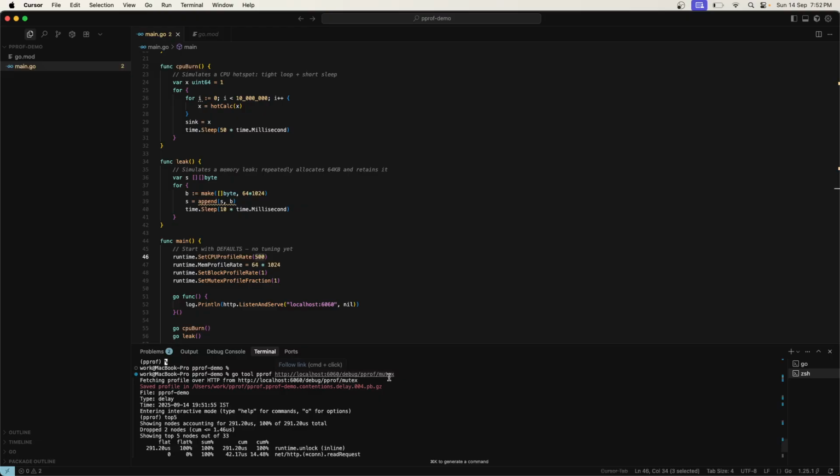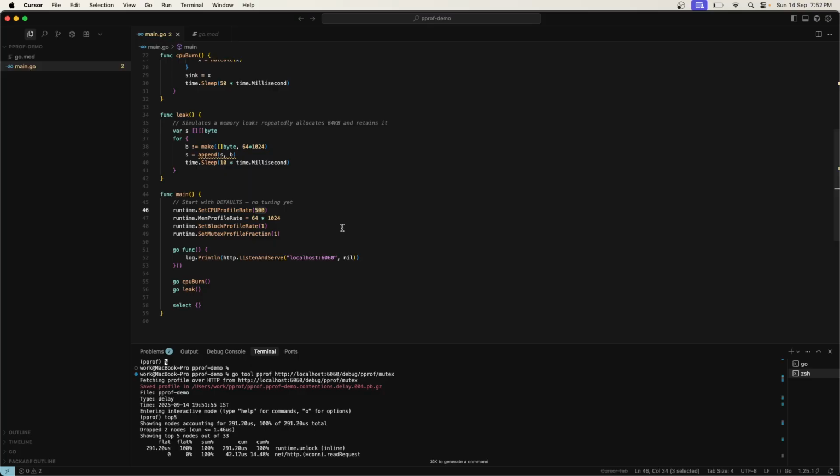So now to wrap it up, that is the Go pprof tuning. Default is simple but limited. I'm not saying that the default might not be capturing anything.